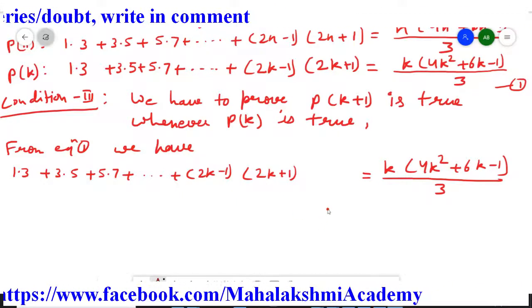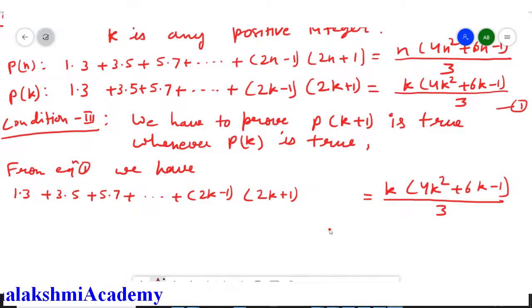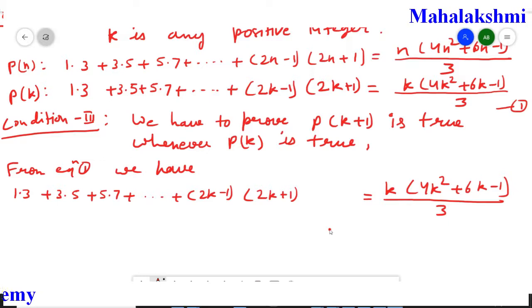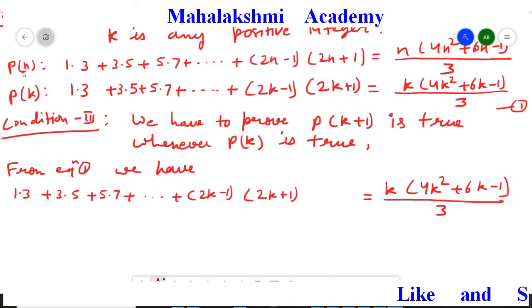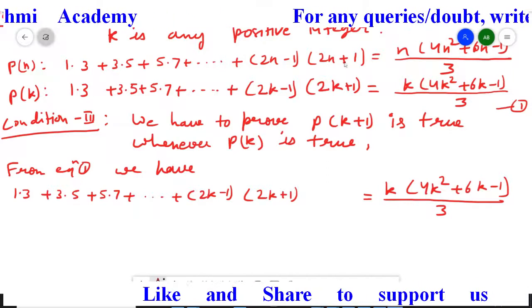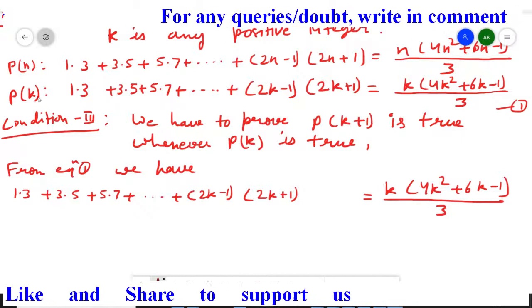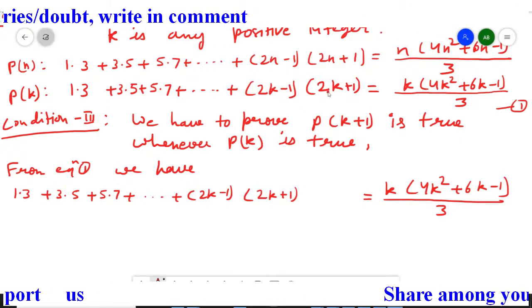For that we have to analyze Pn and Pk. When we have n, the last term is (2n minus 1)(2n plus 1), and when we have k, the last term is (2k minus 1)(2k plus 1).